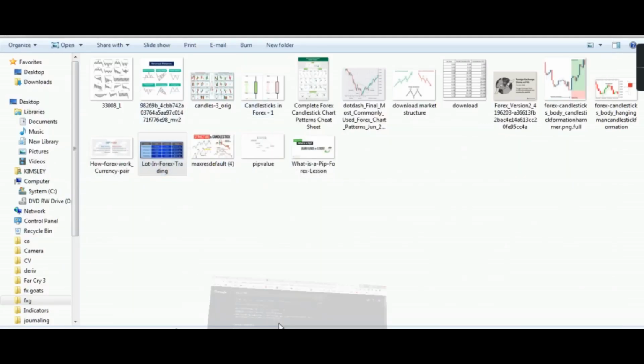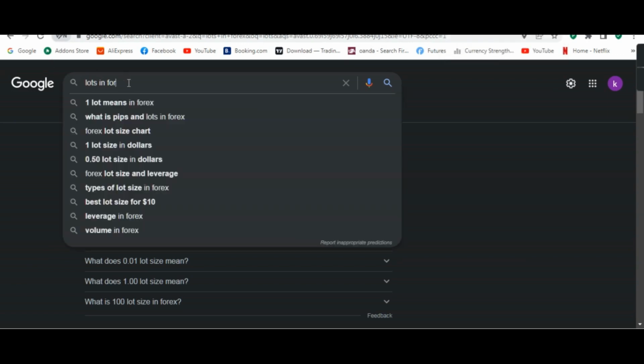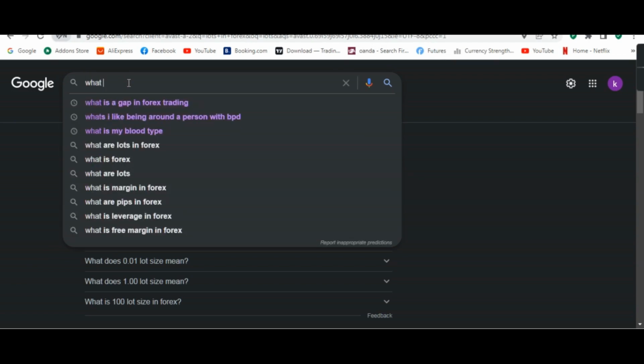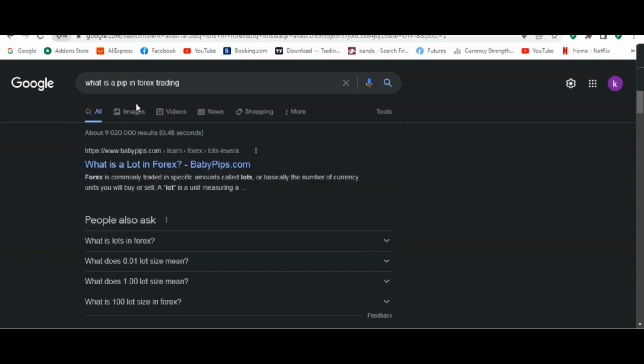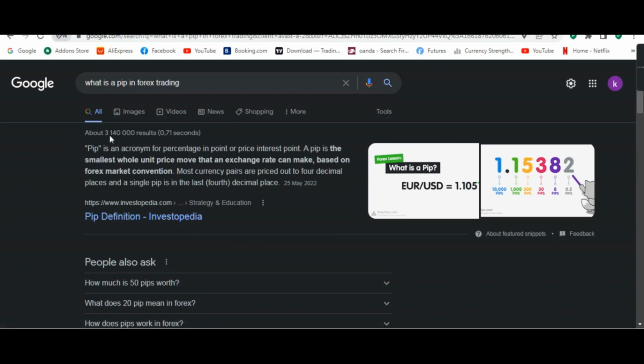So what is a pip in Forex, right? We want an exhaustive explanation of a pip. What is a pip in Forex, guys? So here it is, guys.